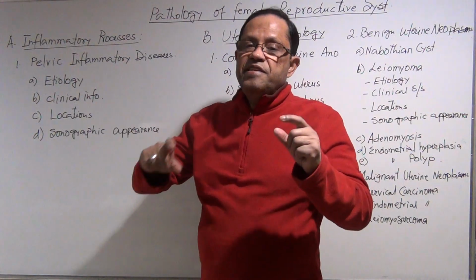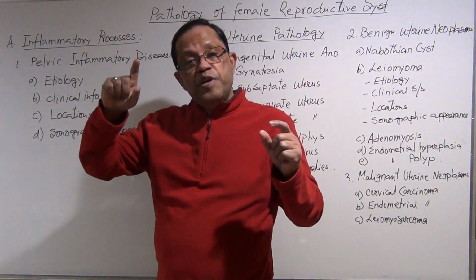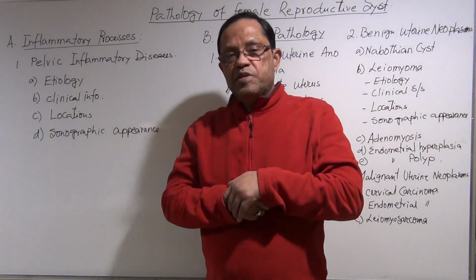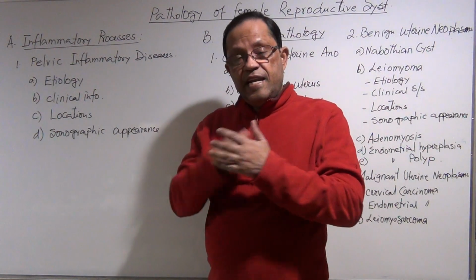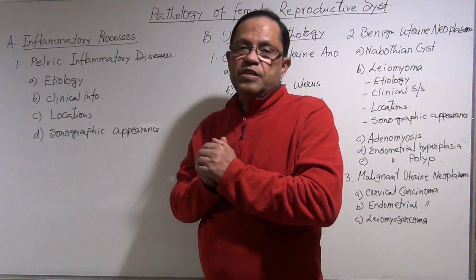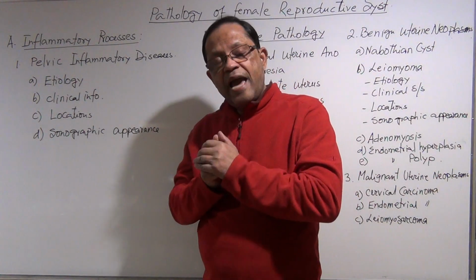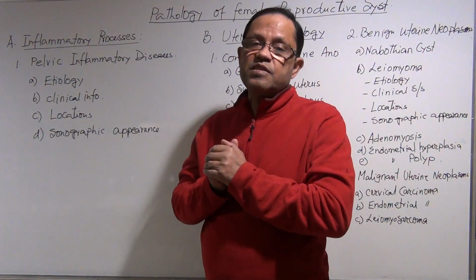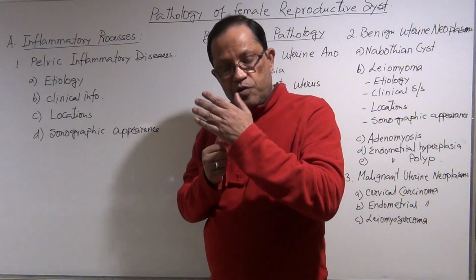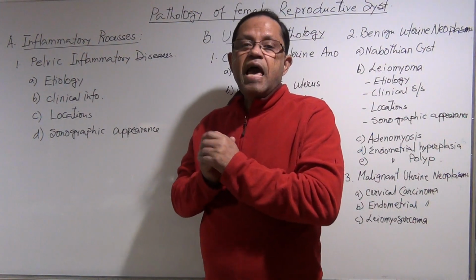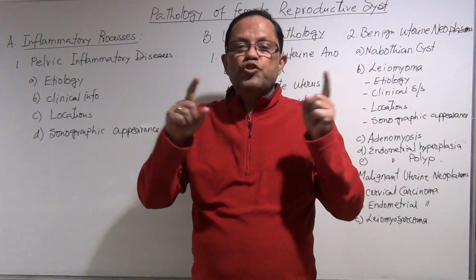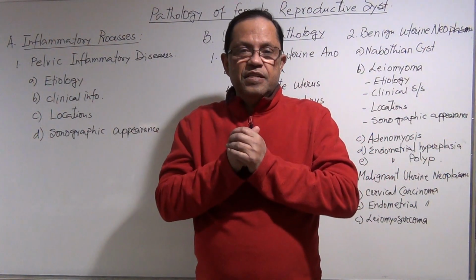Due to PID, the fallopian tube can be inflamed, causing adhesion. Adhesion can cause obstruction. Inflammation can cause hydrosalpinx, pyosalpinx, hematosalpinx, and as a result the fallopian tubes are kinking, tortuous, and adhesed.